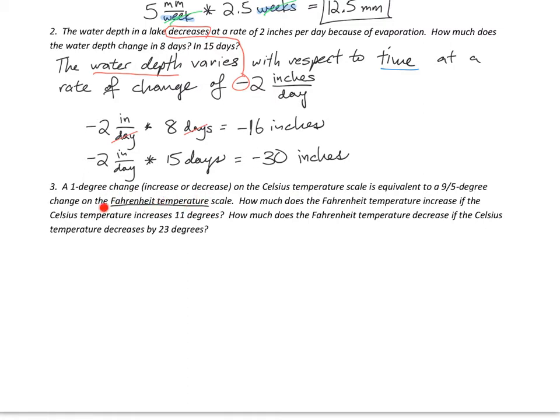The Fahrenheit here depends on how much the Celsius temperature changes. So this will be dependent, and the Celsius temperature will be the independent variable here. So you can try writing your sentence, and I will come back in a few seconds with the sentence I found.